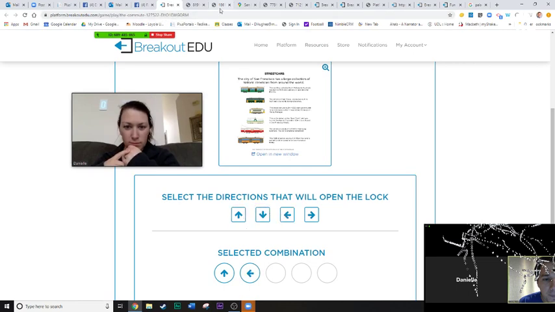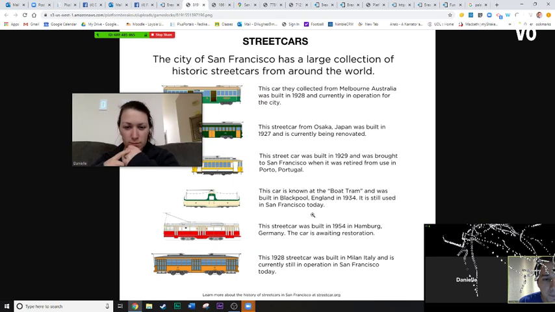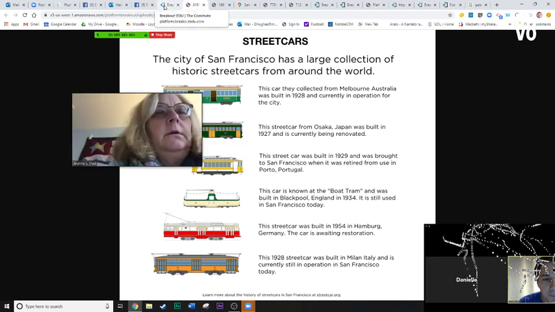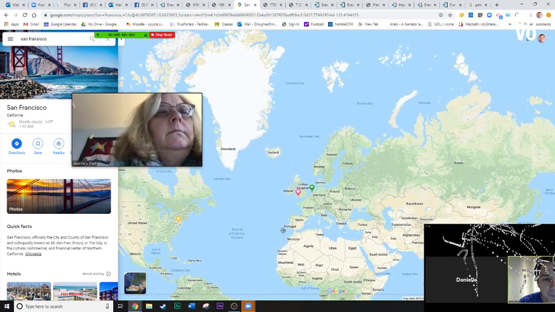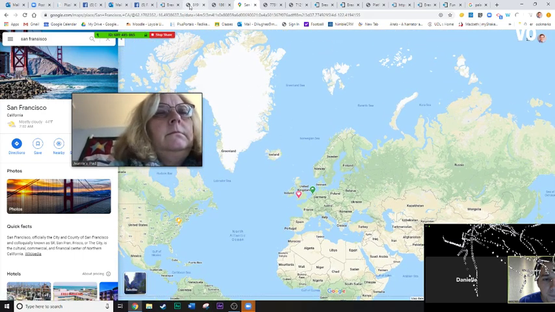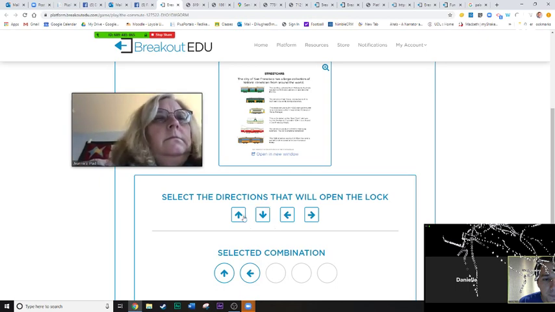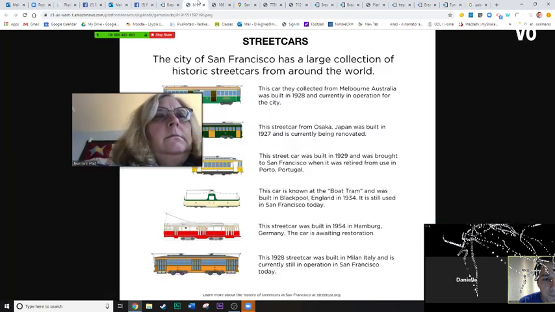And then from Portugal, we go to England. It's going to be up. Survey says, where are we, Portugal? Yes. And there's no diagonals so far. Yeah, this is working.